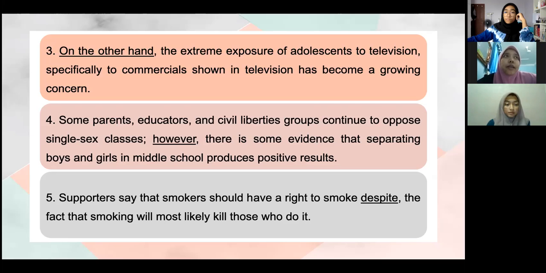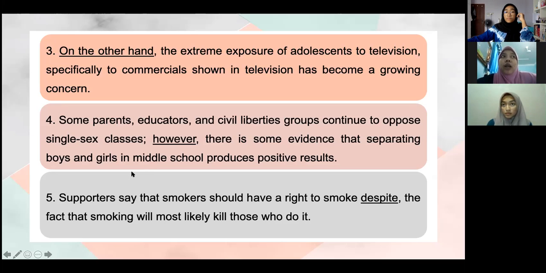On the other hand, is the transition phrase. On the other hand, the extreme exposure of adolescents to television, specifically to commercials shows in television, has become a growing concern. For the fourth, some parents, educators, and civil liberties group continue to oppose single-sex classes.